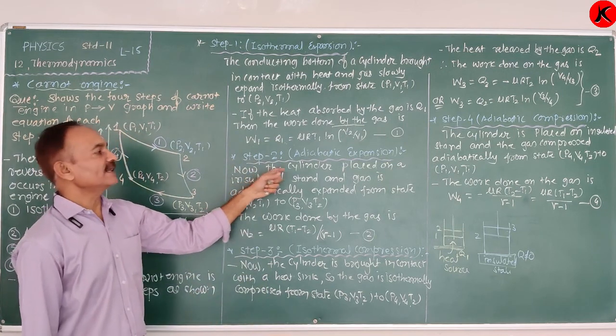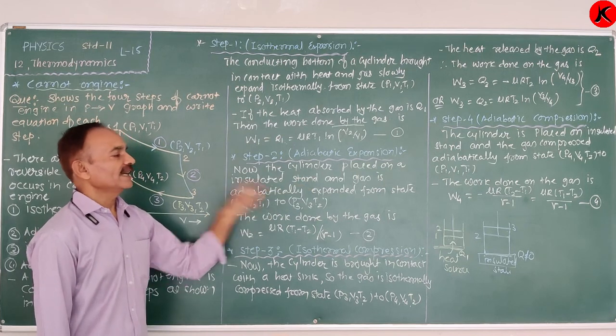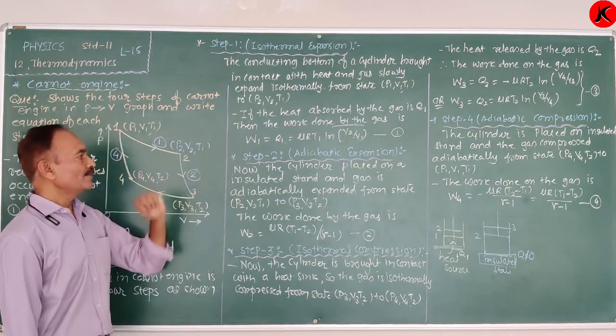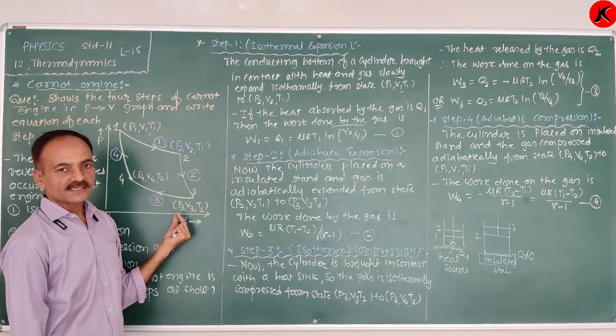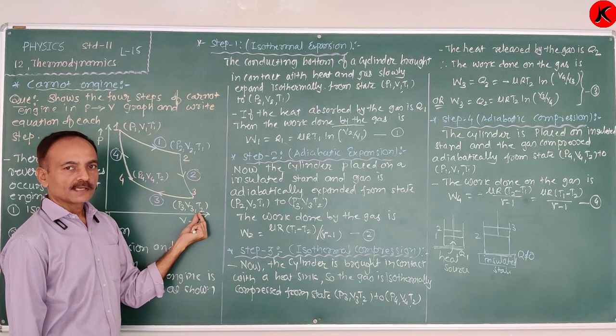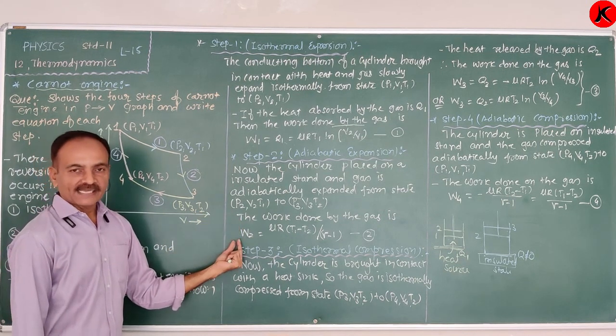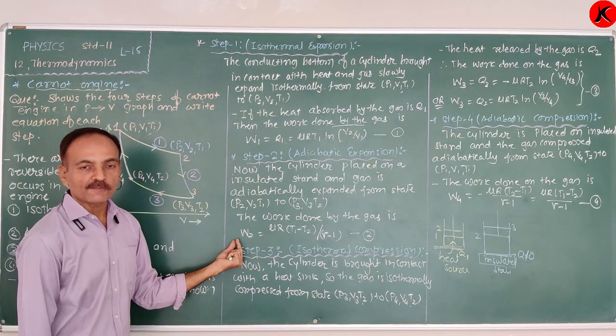Now the cylinder is placed on an insulated state and the gas is adiabatically expanded from the state P2 V2 T1 to P3 V3 T2. The work done by the gas, for the adiabatic process, we already obtained the equation.